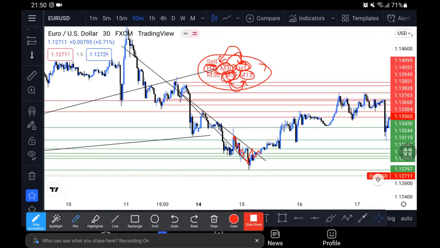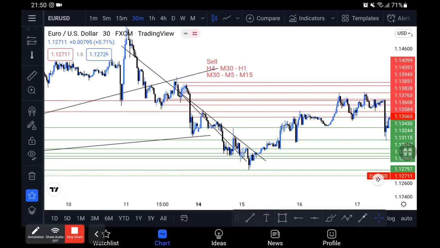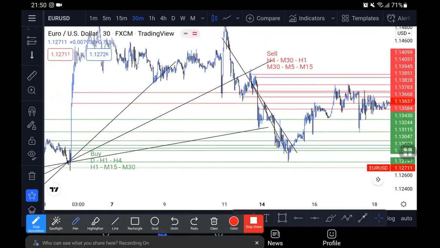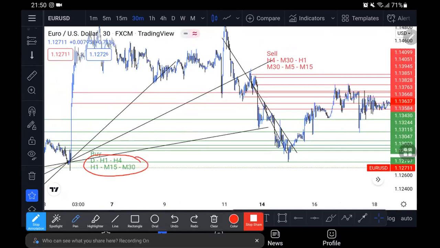So what we do is take a buy entry, and then the same thing repeats on the buyer side. We just wait to see whether our bias is being broken or not. When you're selling, you are expecting the bias to be broken. When you're buying, you are expecting the same thing.